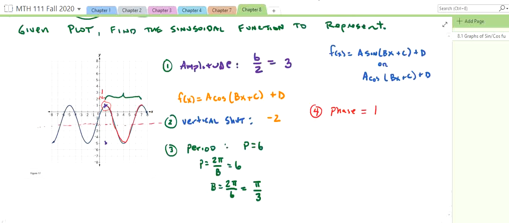So I need to kind of rewrite my function here so I can figure this out. So f of x equals a cosine of, let me use the hard brackets here. Okay, I'm going to pull the b out, x plus c over b. And this means that c over b equals -1.